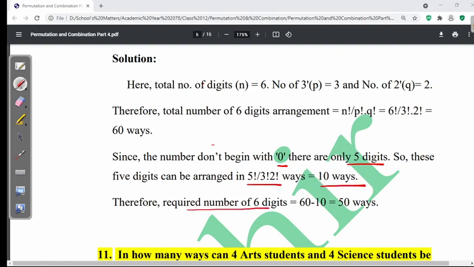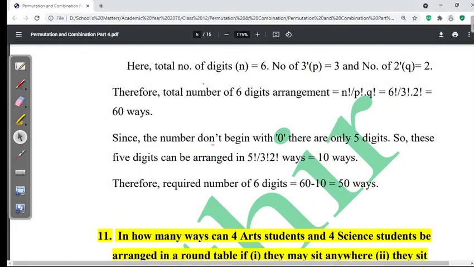So therefore the required number of 6 digits, in this way we cannot arrange. The total is 60 minus this 10 is 50 ways, or we can do it by another process also. First can be arranged in 5 ways and the other is 5 times 5 factorial ways. 5 and 5 factorial ways will be 50.